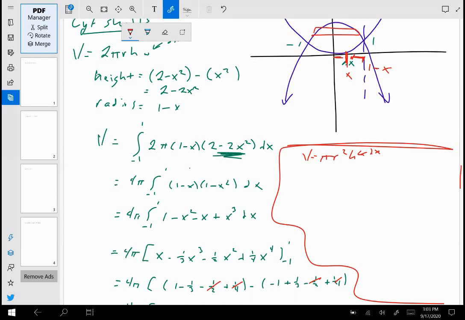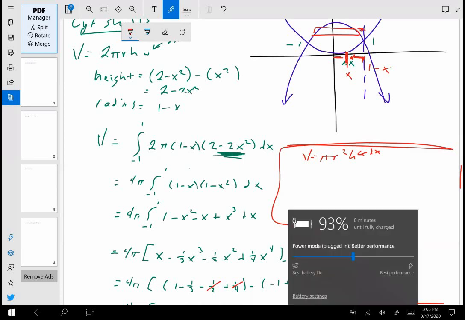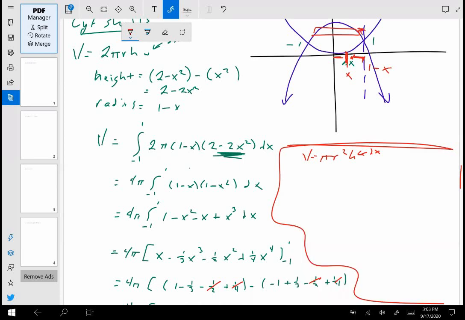You just want to be slightly careful because remember there's this empty space down below. So we want to go from 1 all the way over to the far edge of the 2 minus x squared. But we need it in terms of y, right? Because we want dy.